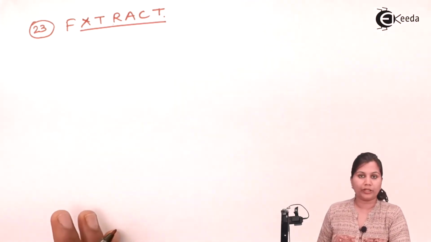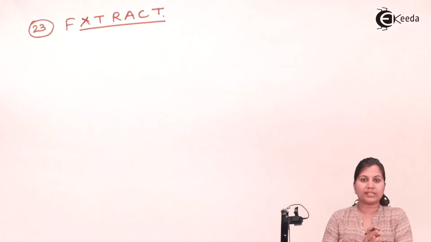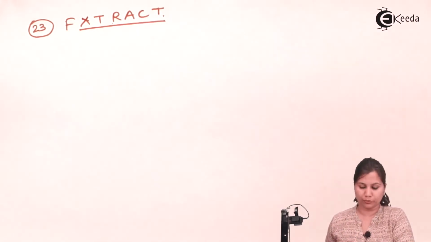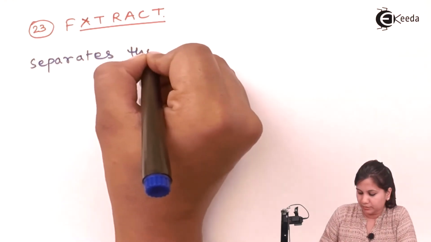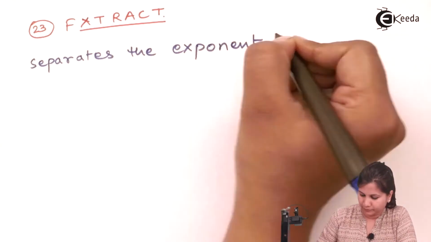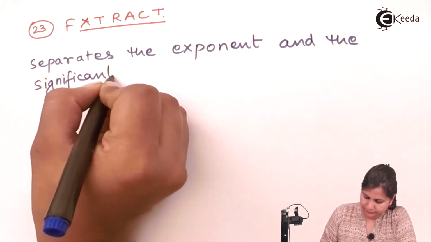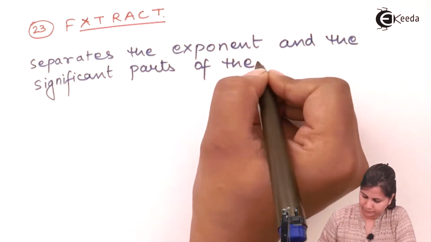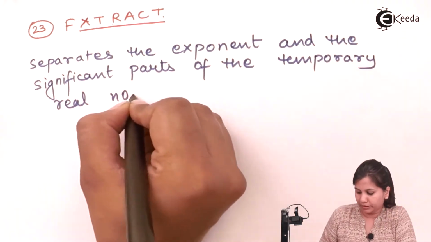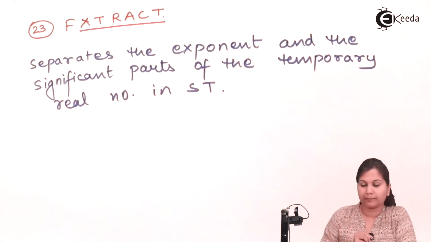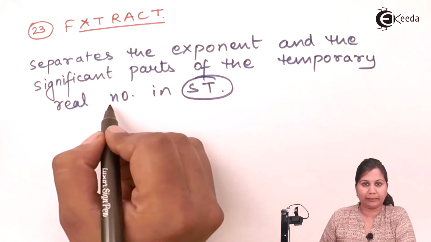This instruction is going to separate the number which is there in the ST into its exponent and significant parts of the temporary real number in ST. So at the top of the stack ST, there is a temporary real number.